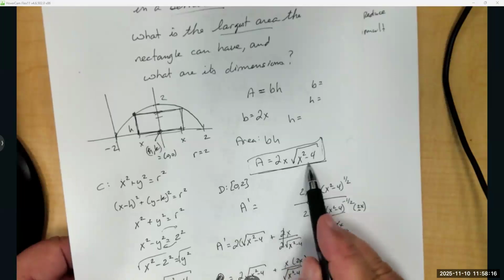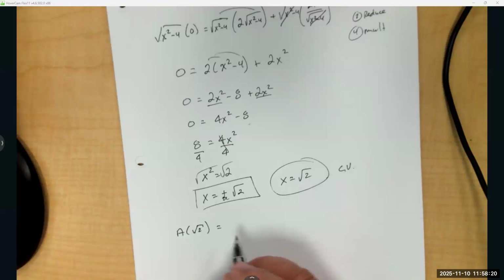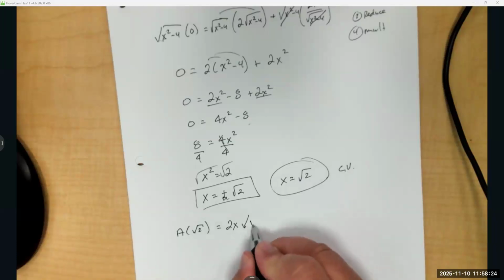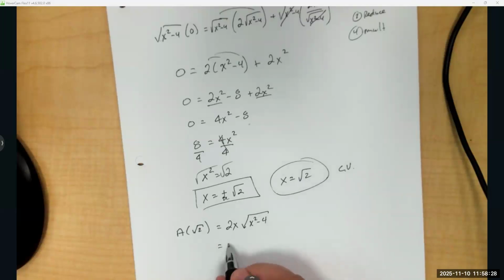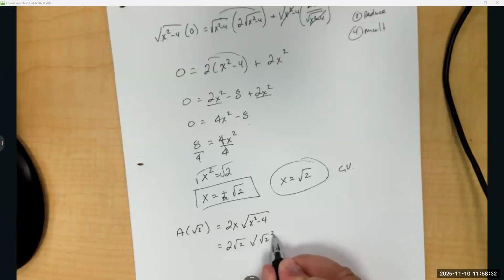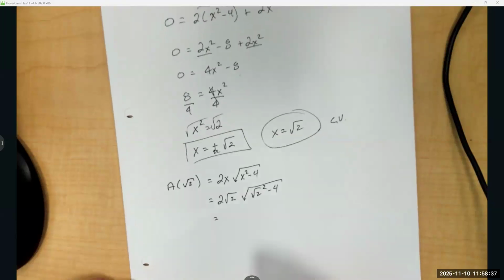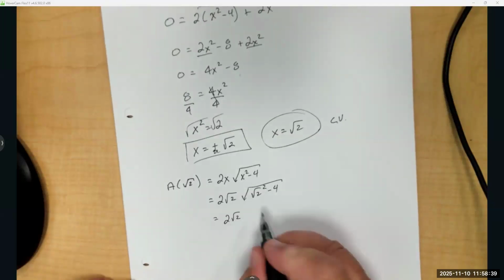So the area was 2x times radical x squared minus 4. 2 times radical 2 times the radical of 2 squared minus 4. The square root of 2 cancels.